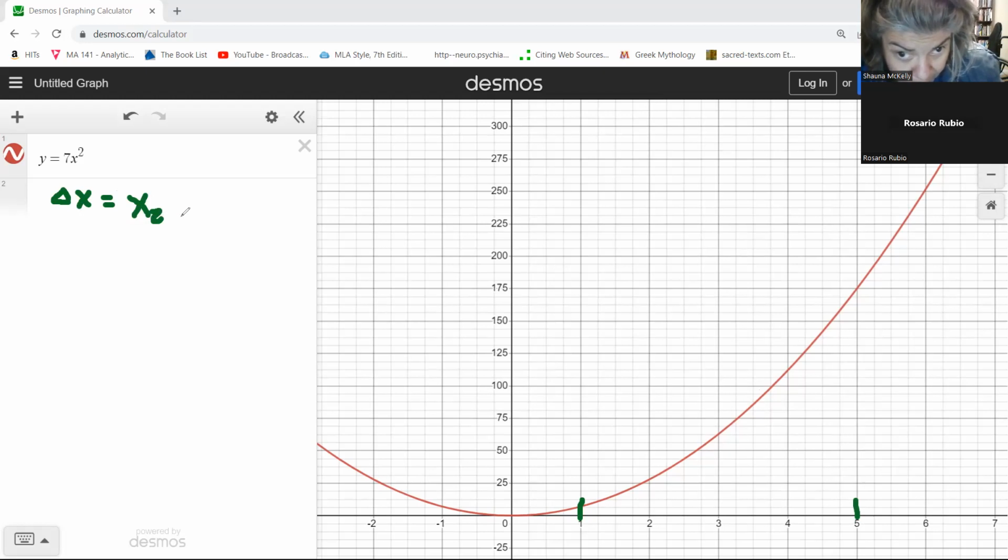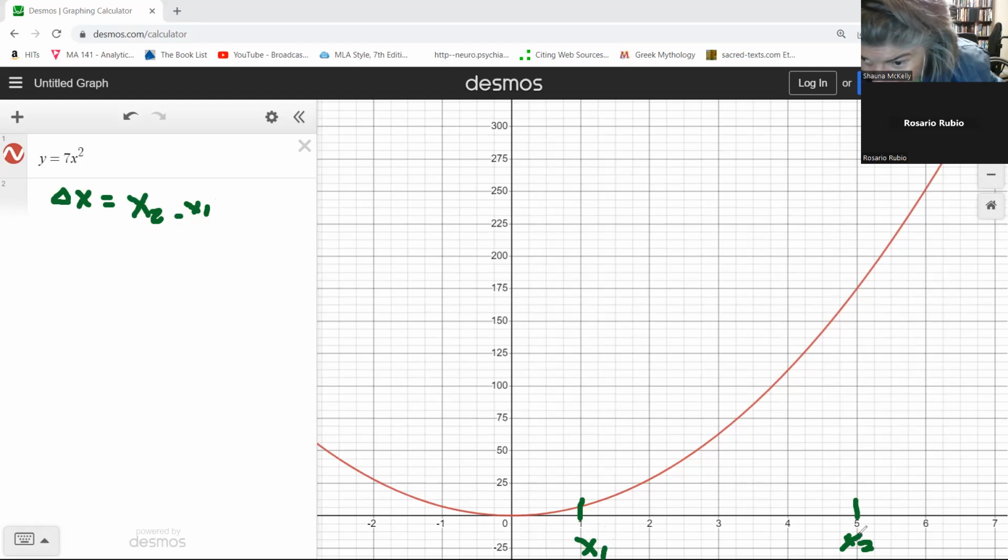So delta x is x2 minus x1. They give you x1 and x2. So x1 is 1 and x2 is 5. What this represents graphically is the distance that you're looking at on the x-axis.